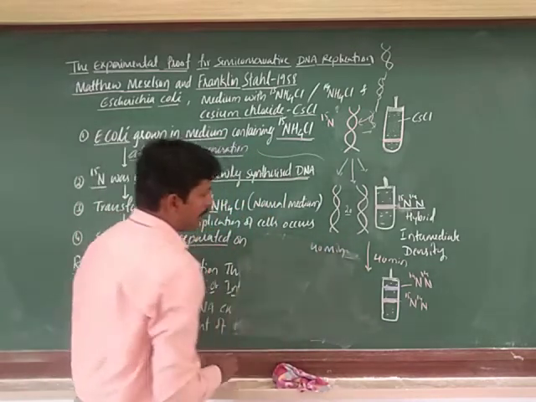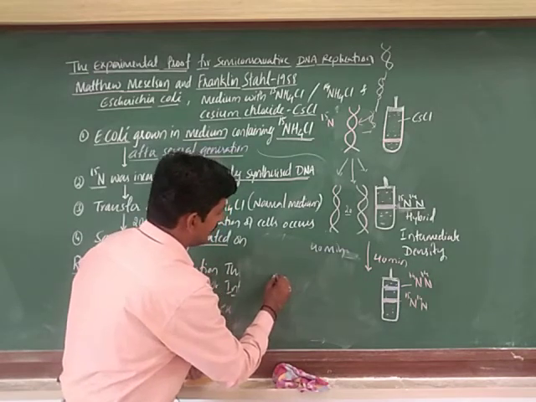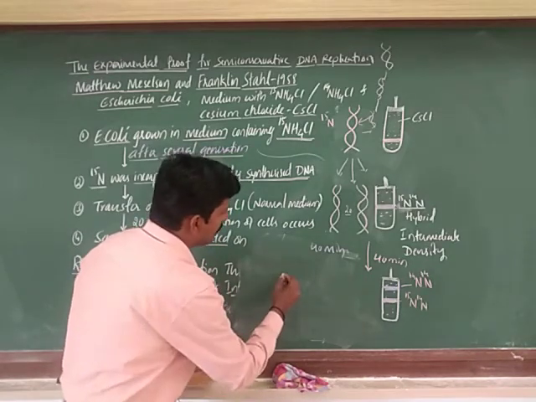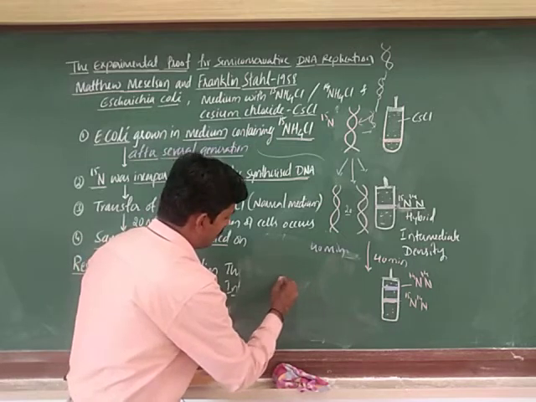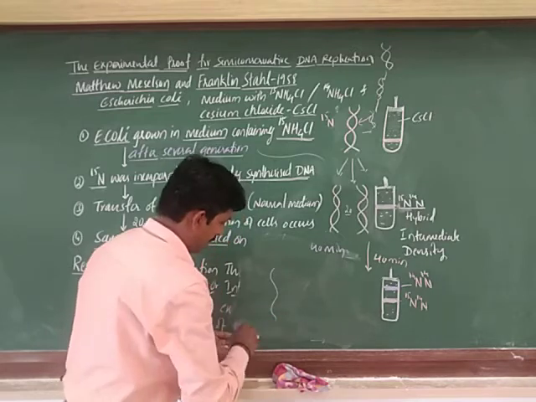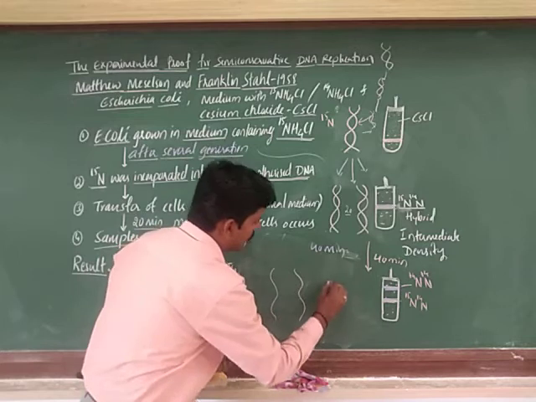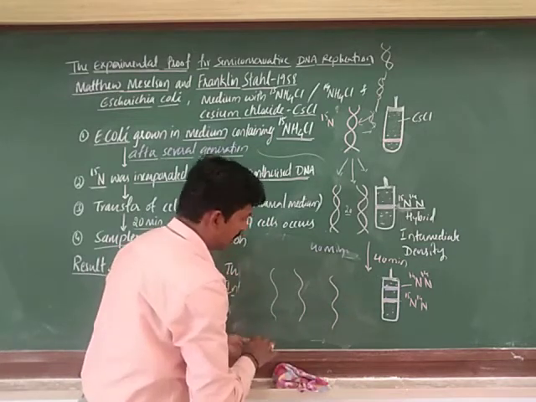So ultimately, I will show these separate strands here. This is referred to as normal here, and one more strand is here, and this is the normal strand.